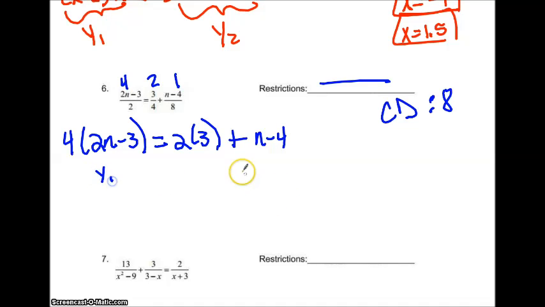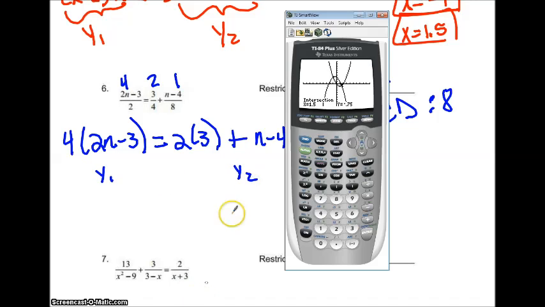You're going to go to y1, you're going to go to y2. So at y1, you're going to say 4, open, 2x minus 3, close. At y2, you're going to say 2 times 3 plus x minus 4.